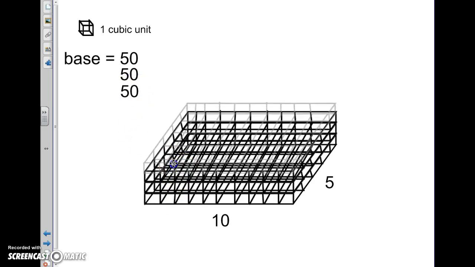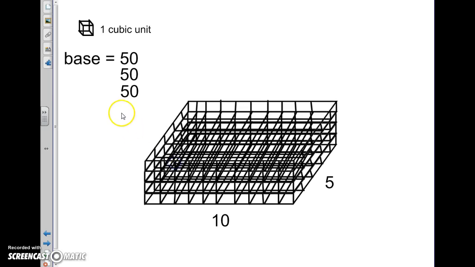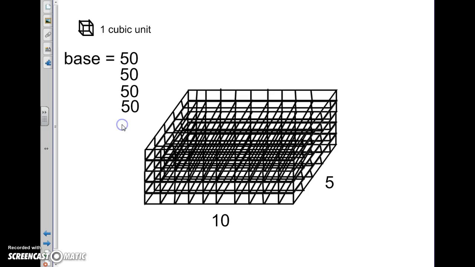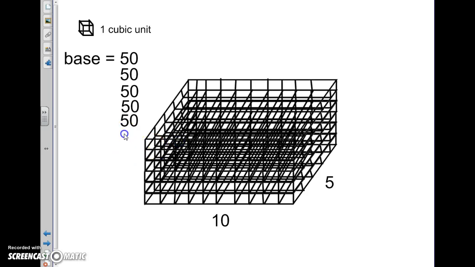Still not done though. And I got a 4th. Now I've got a 5th. And just need one more, 6. So each time I'm layering with another one of these 10 by 5 layers of cubic units.